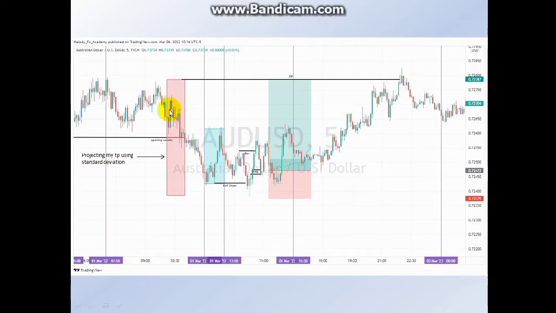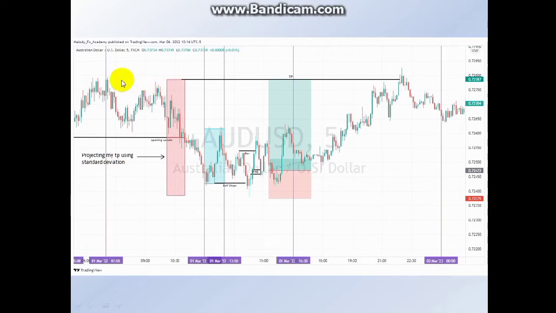So now the reason for this red box here projecting my TP is based off your own preference. I can't teach you, how am I going to put it. Projecting your TP, when we go long, what you can see here, you see equal highs here, okay, and what is resting above this equal high is buy side liquidity, okay.